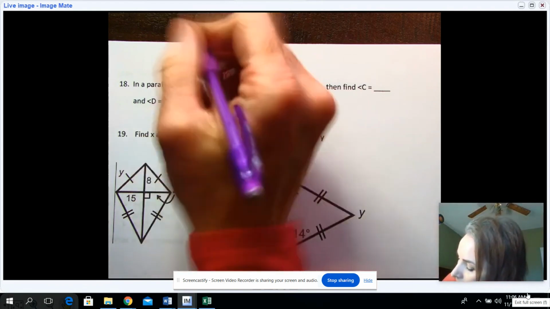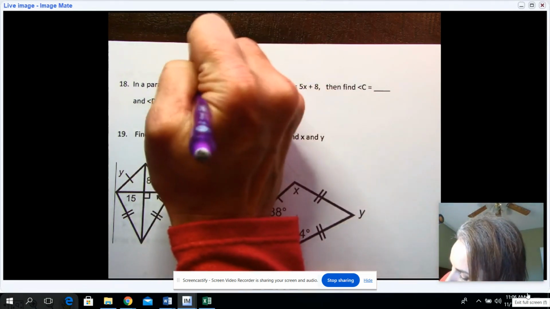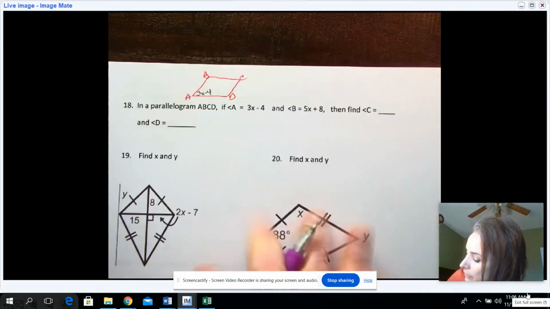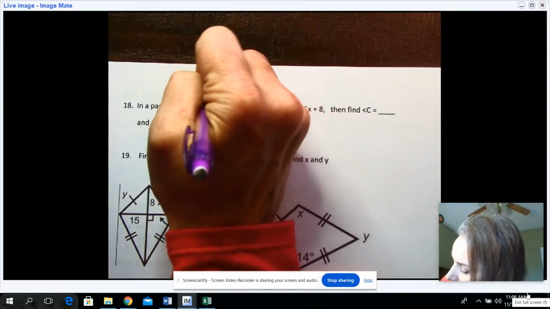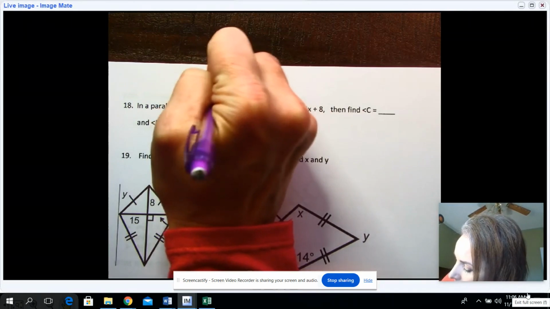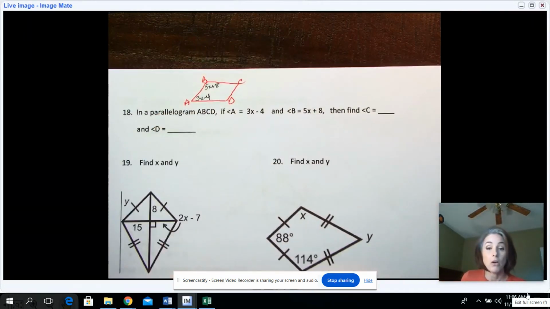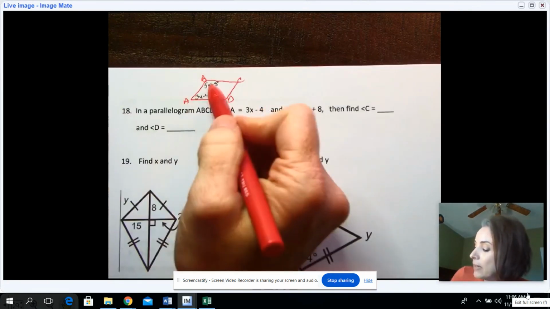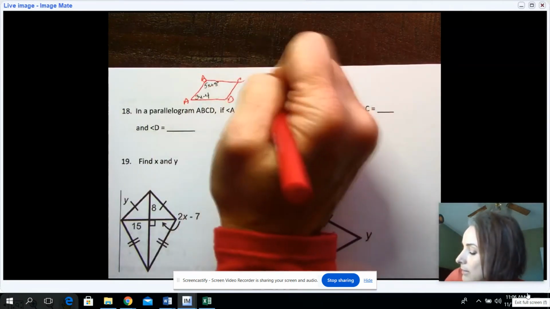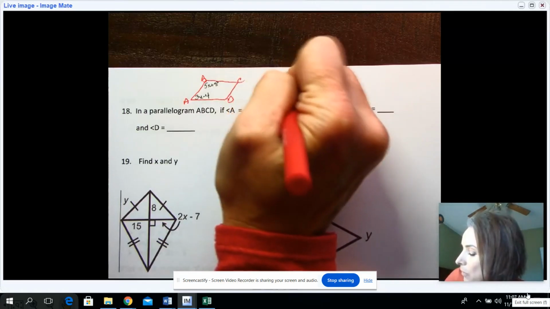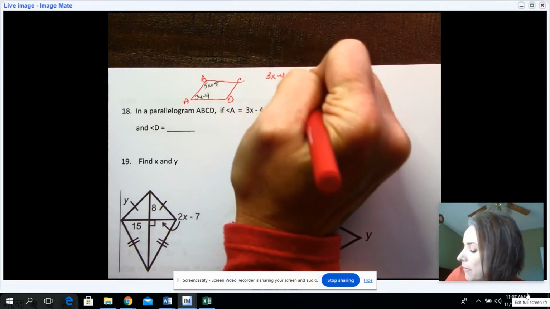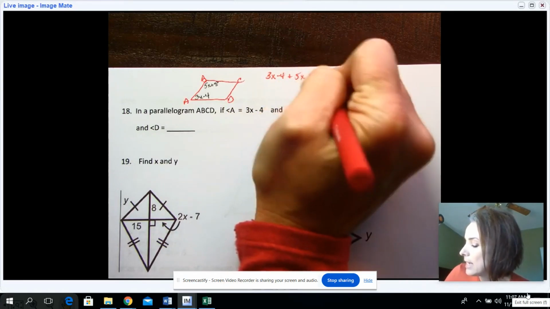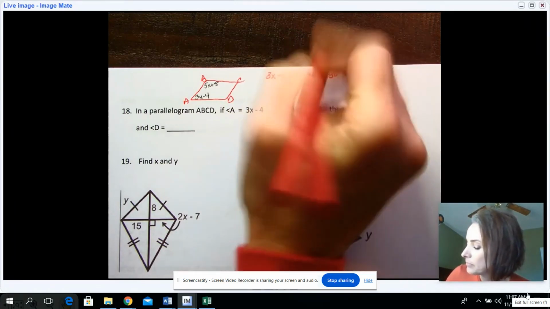So if this one is 3x minus 4, and this one is 5x plus 8, what do you know about angles A and B? Hopefully you know that they are supplementary. So angle A plus angle B equals 180. So we can say 3x minus 4 plus 5x plus 8 equals 180.